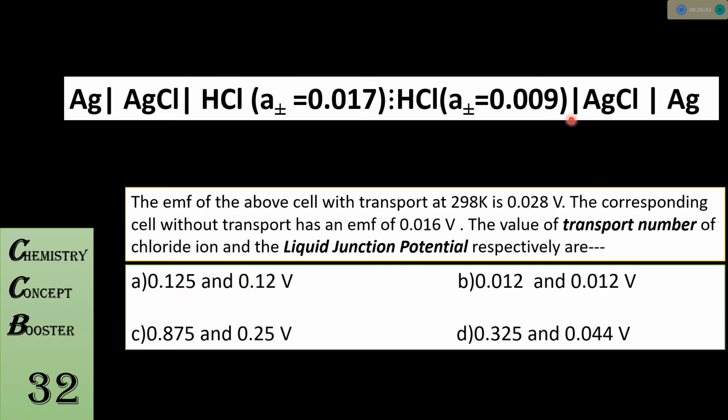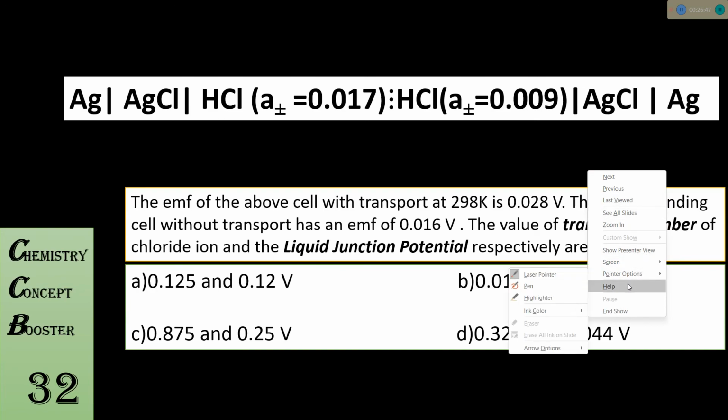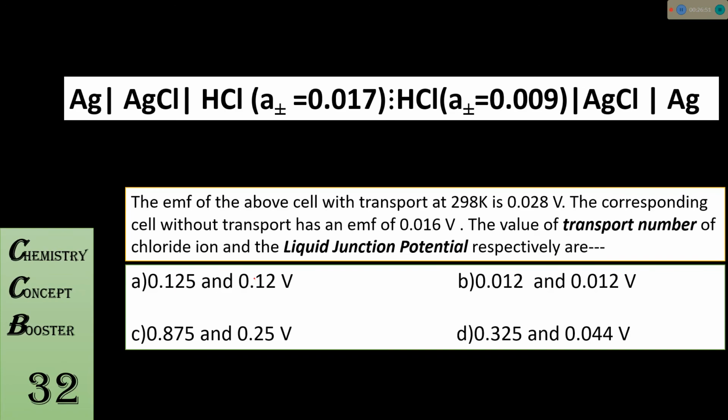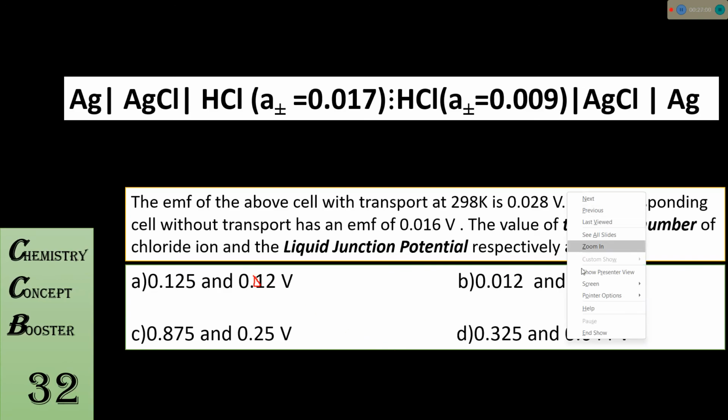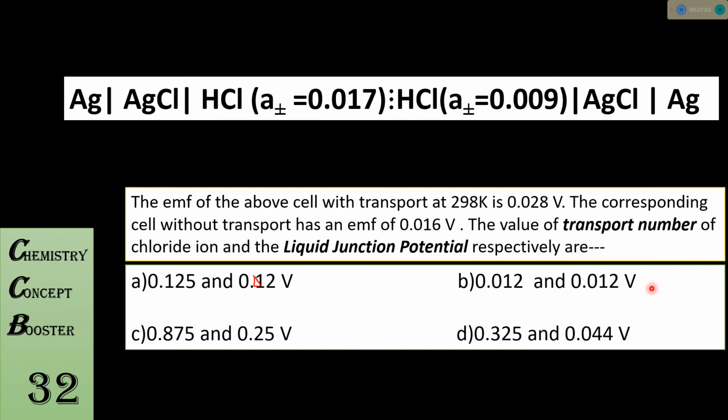There should be 0.012 volt, not 0.12 volt, because we made these options and these questions from different kinds of sources, just to show you the concept about this concentration cell.